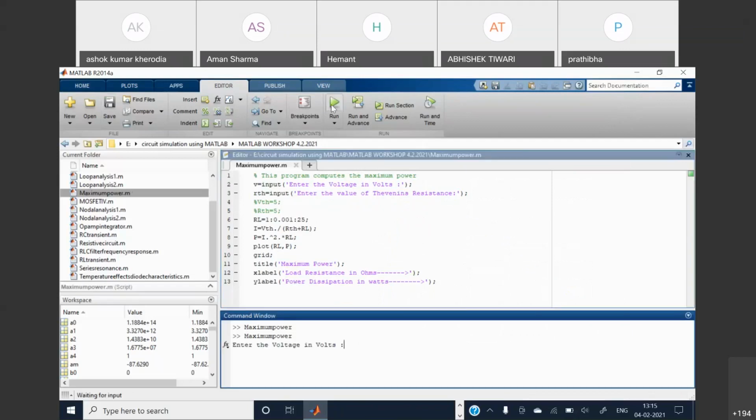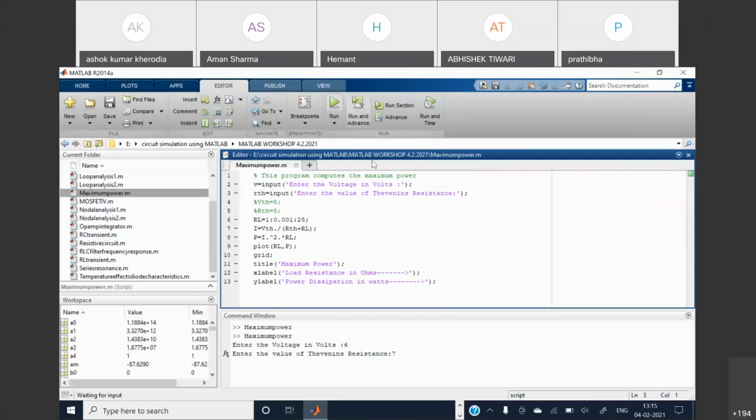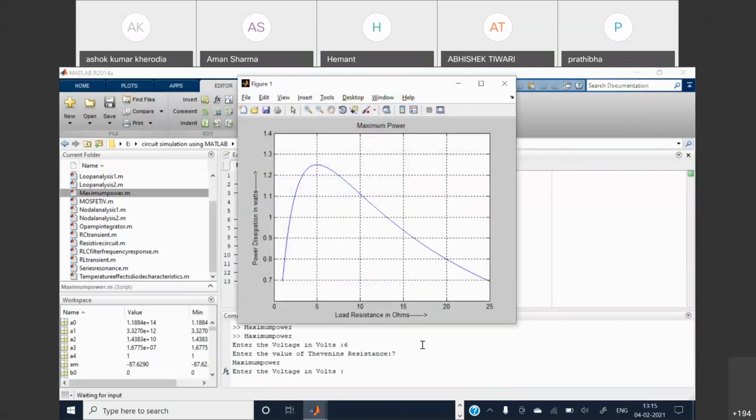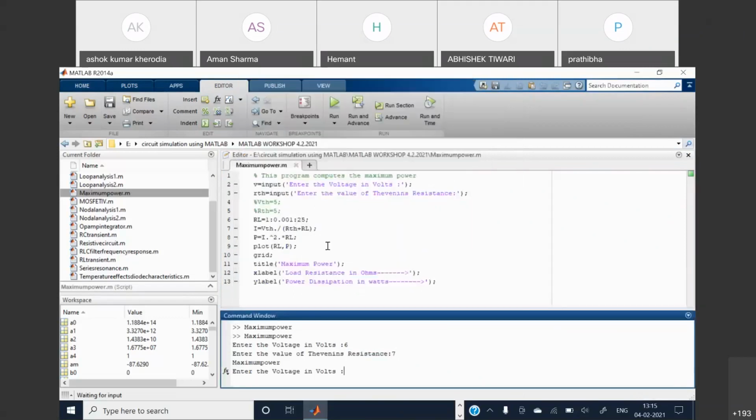Now it is asking enter the voltage in volts. So you are writing say 6 volt. Enter the value of Thevenin resistance, say 7 ohm, and then I'm running. See here. No, it is not storing. I think there is some problem.